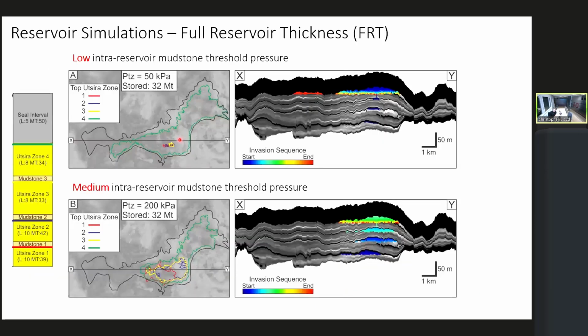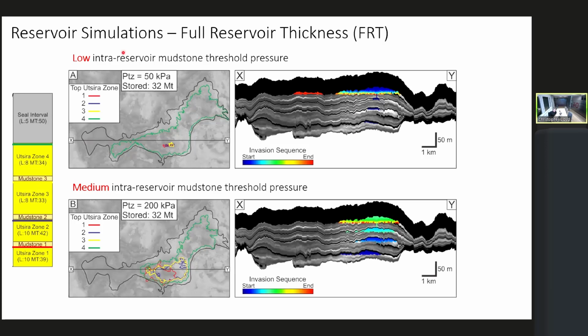So this here is for the first test, and what you're seeing is the main prospect, which is the black outline. This is the map view, and each of these different colours represents the top zone plume spread at the end of the simulation for each of the zones, so zone 1, 2, 3, and 4.